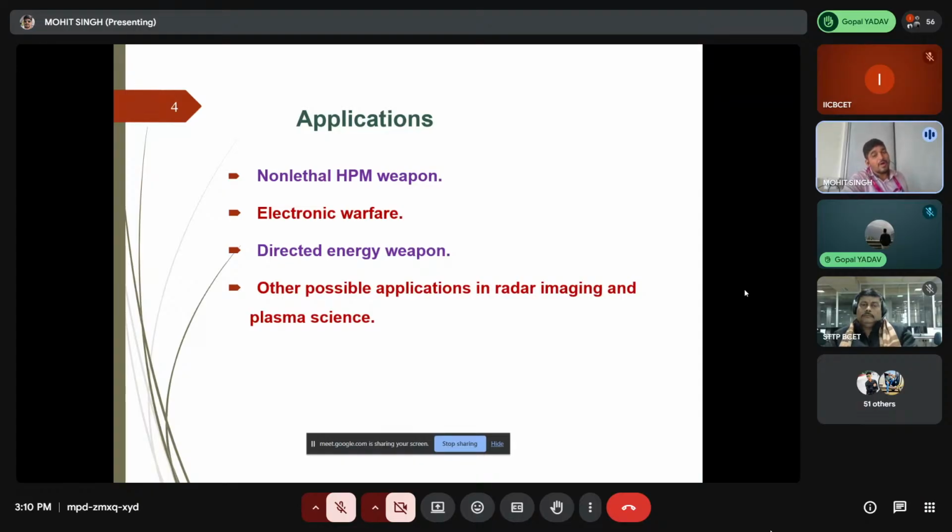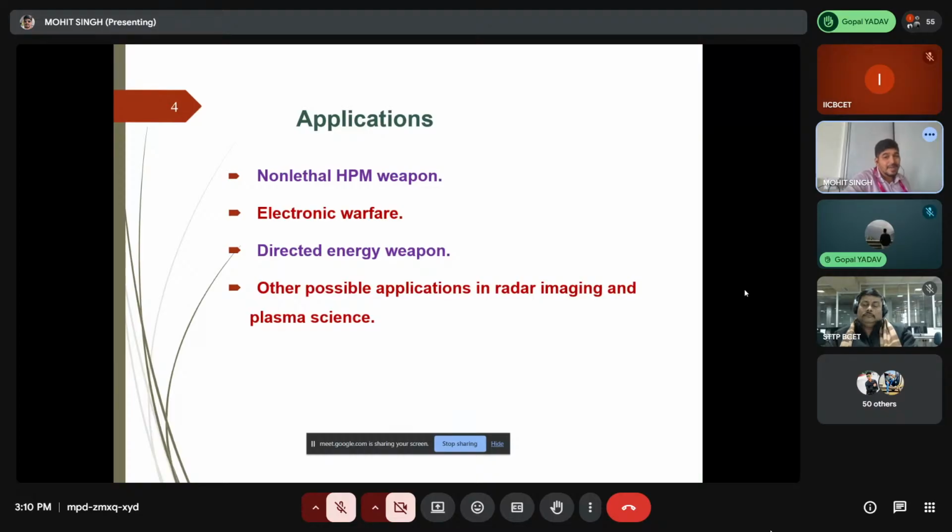Those weapons are called non-lethal weapons. Now coming to electronic warfare, these HPM devices are used to disrupt electronics. If it is electronic war, I am going to damage the electronic circuits of the other country. For that purpose, HPM devices are used.